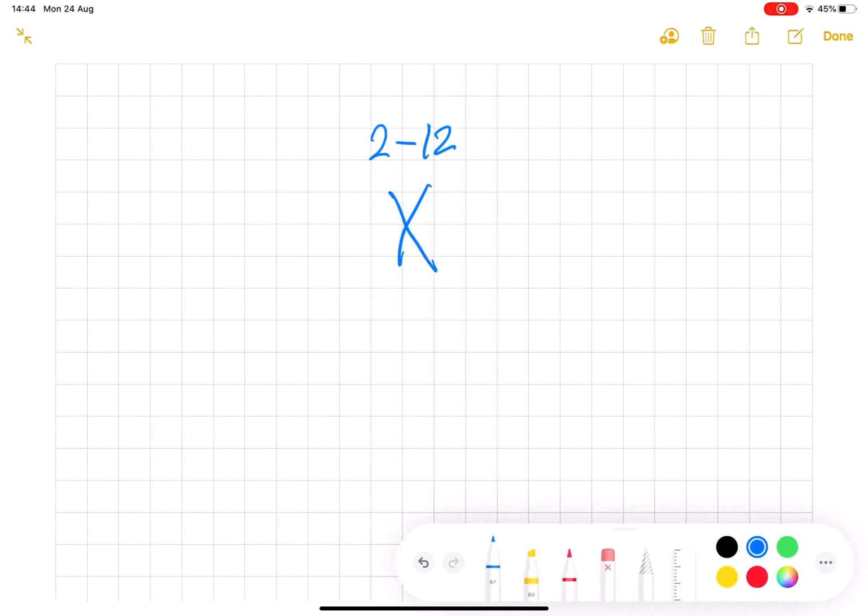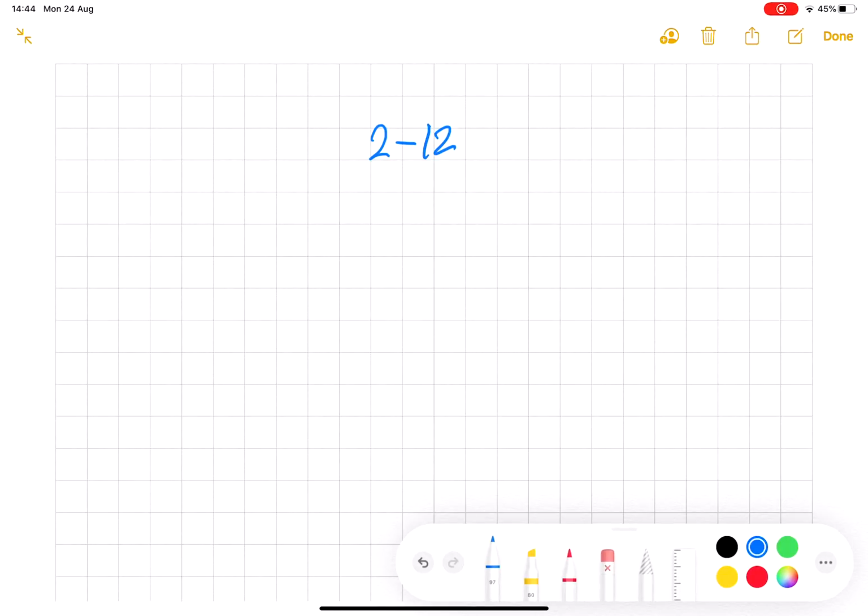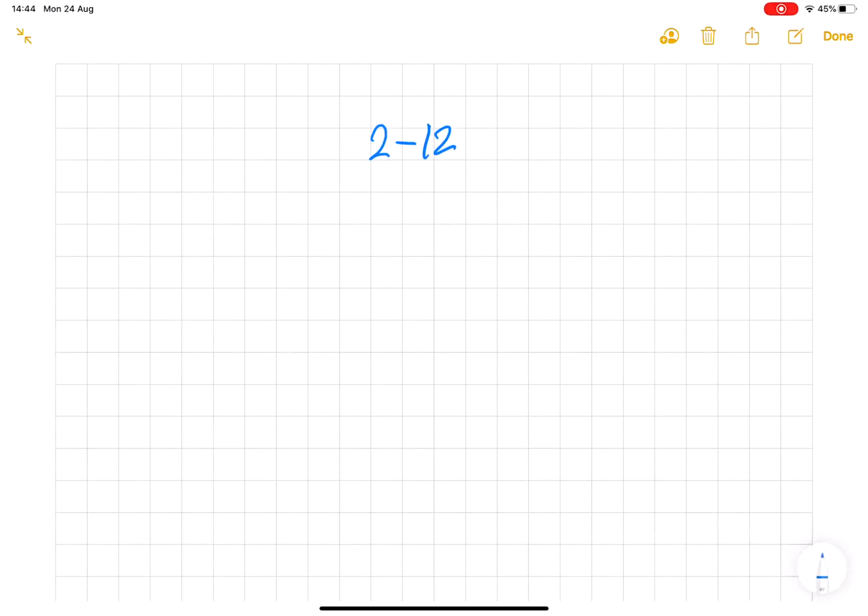Now, since you are some age that you could only multiply 2, 3, 4, and 5, you cannot do 6, 7, 8, 9, 11, or 12. But you could do 10 though, because it's just 1 but you add 0.